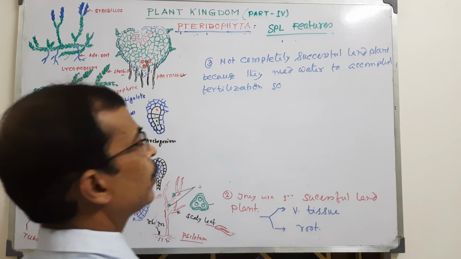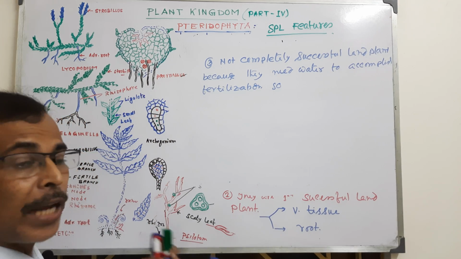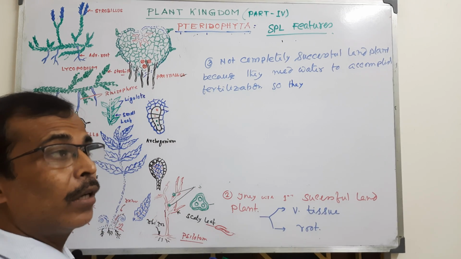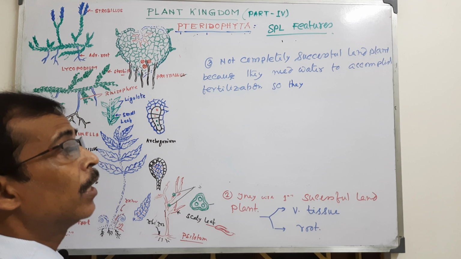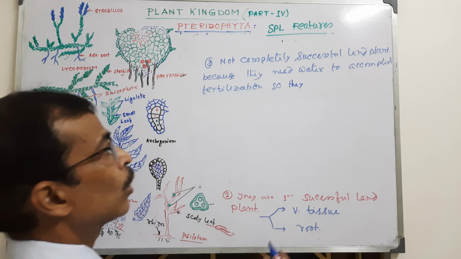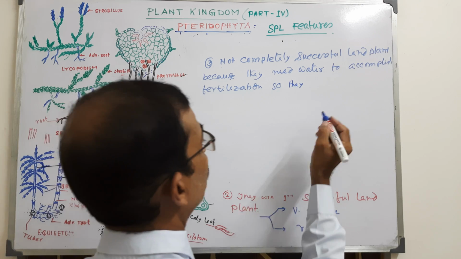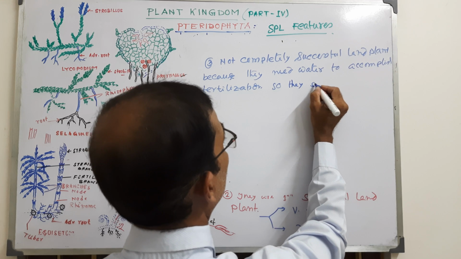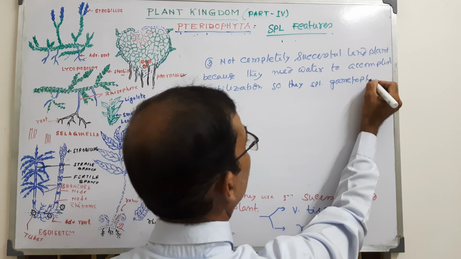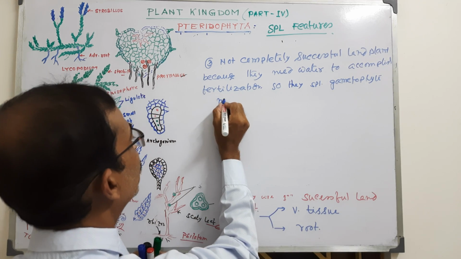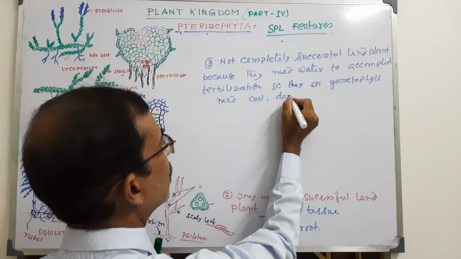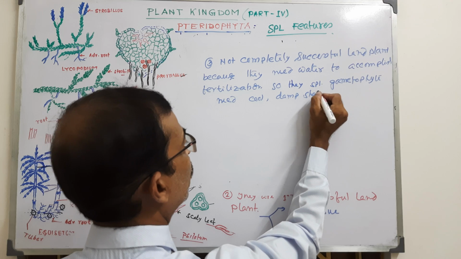So their gametophyte needs a damp and shady place to survive. Especially their gametophytic body needs damp and cold or shady places. Especially gametophyte needs a cool, damp, shady place. Okay.